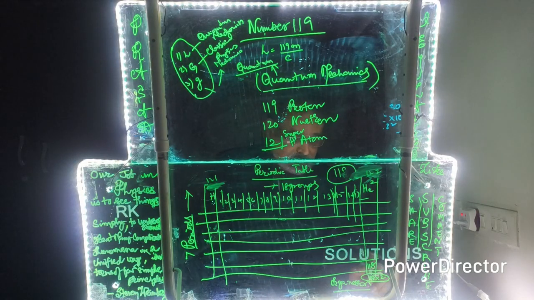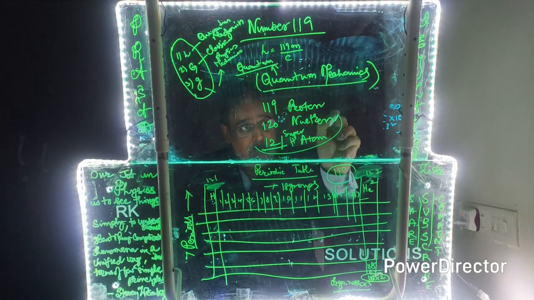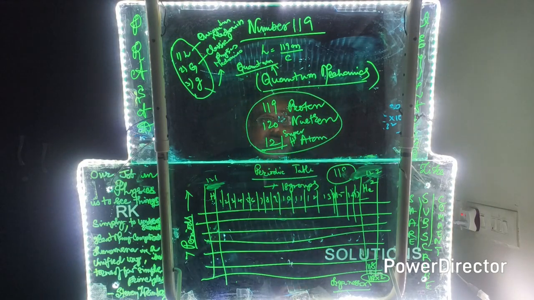Supposing that the present table is ending at 118, these three form the nucleus, these two form the nucleus, and 121 will be the atom, the first element, superhydrogen, of the next periodic table. So that's the importance of 119.